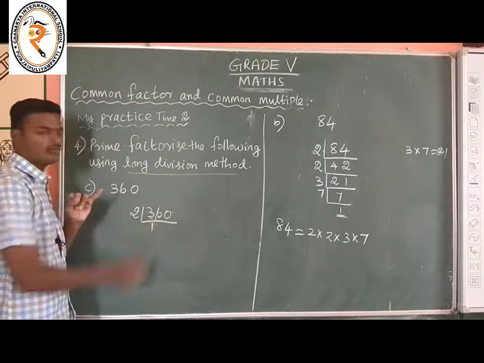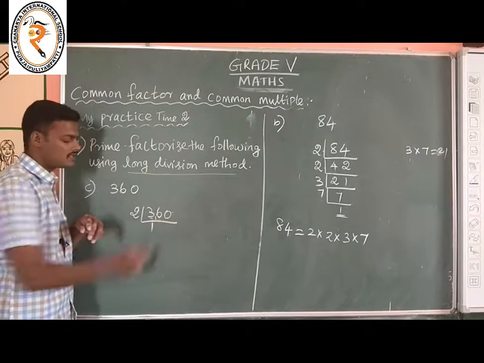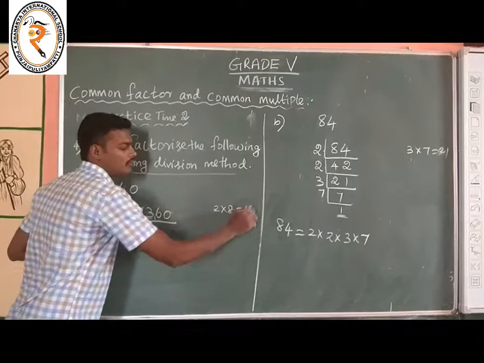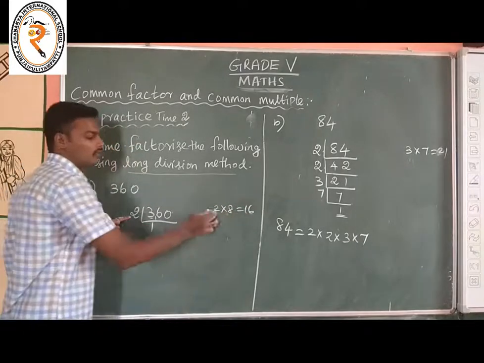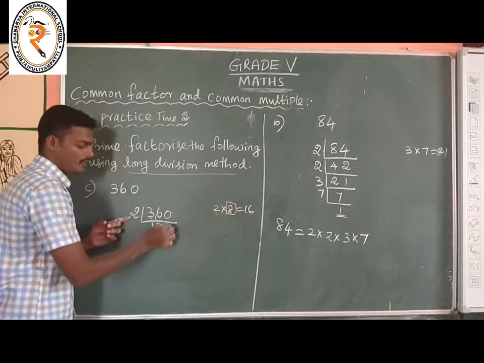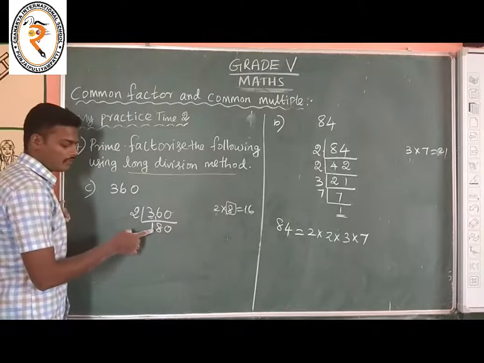The balance 1, we read as 16. 16 comes in the second table, 2 eights are 16. So 16 comes 8 times and the remaining is 0. So the answer is 180.